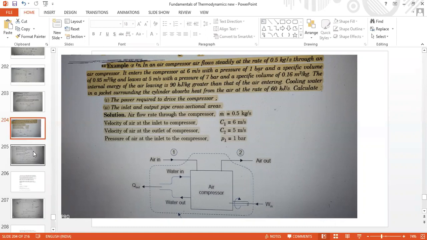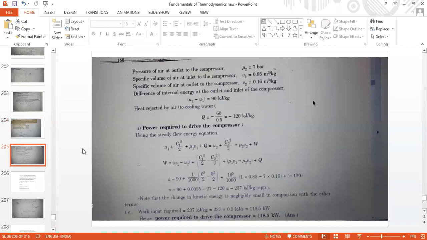That means U2 is greater than U1, and that means U1 is smaller. So smaller minus bigger is minus 90. So that's how here you are asked about W directly, and everything is given.